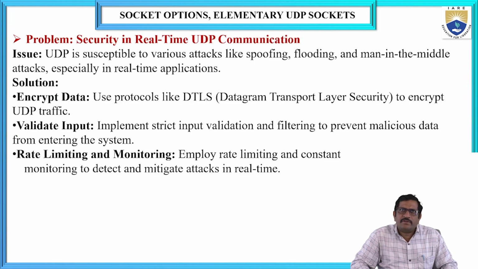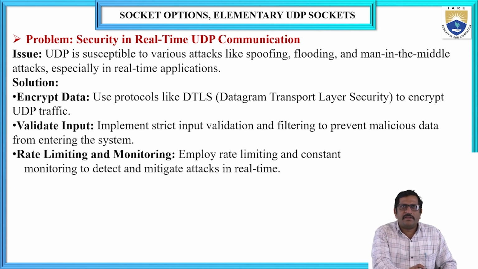Security in real time: there are security issues like spoofing, flooding, and man-in-the-middle attacks, especially in real-time applications. Various attacks can happen, and UDP is susceptible to all of these.